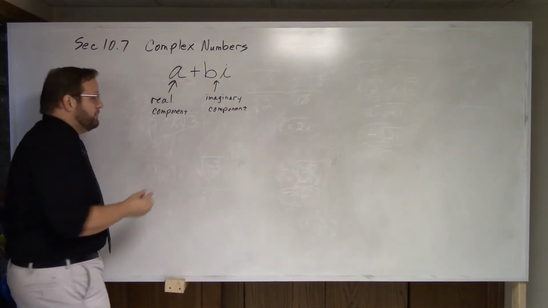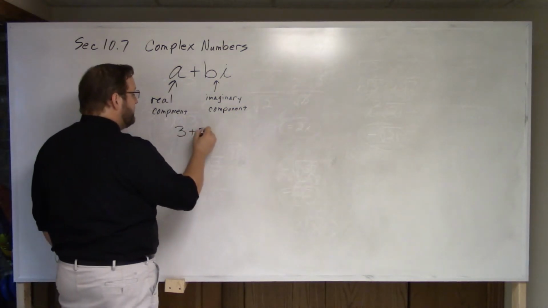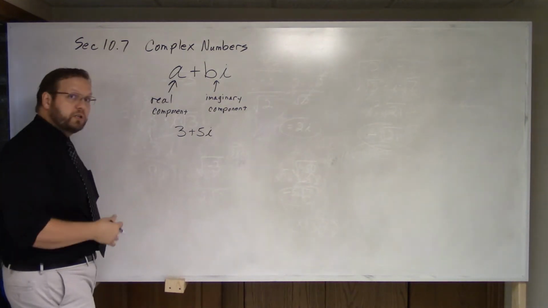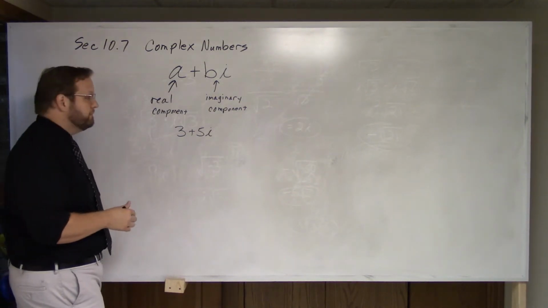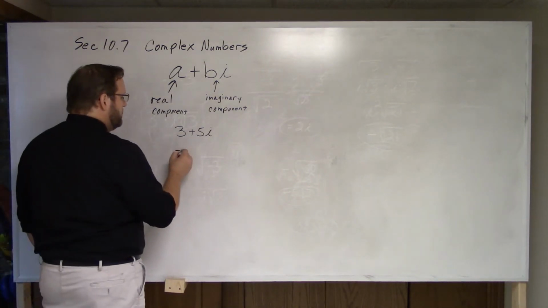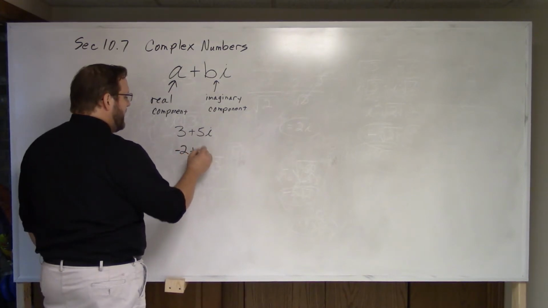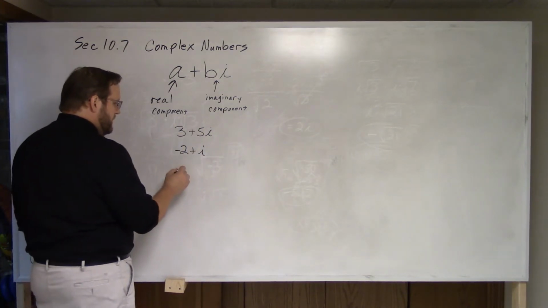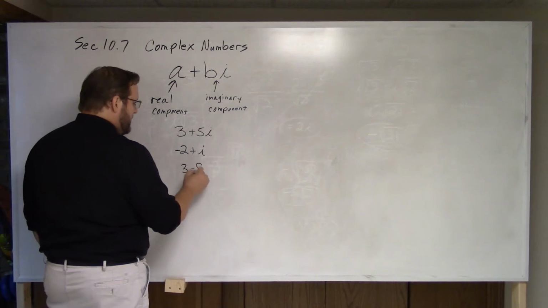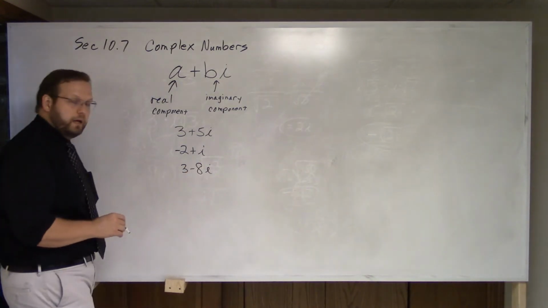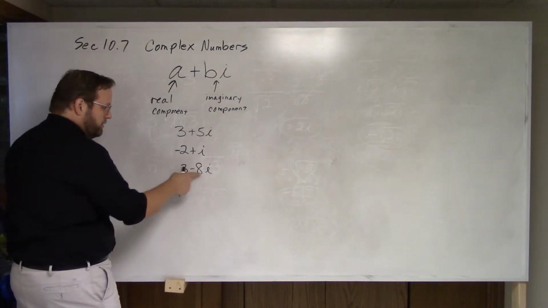Okay, so some examples could be 3 plus 5i. Real component's 3, imaginary component is 5. It could be negative 2 plus i. It could be 3 minus 8i. Okay, real component imaginary, real imaginary.